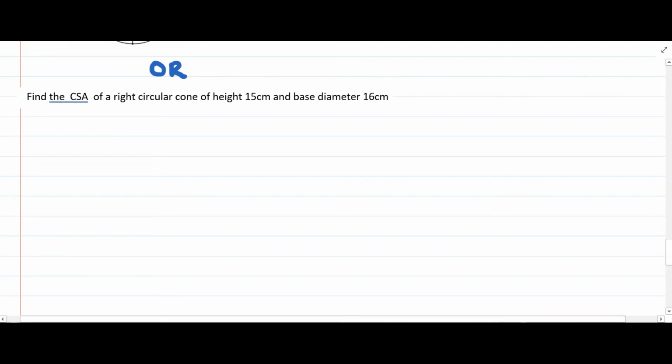Find the CSA of a right circular cone of height 15 cm and base diameter 16 cm. So what is given? Height and diameter. Let's draw the picture for this. It's a right circular cone and we will mark the given values.